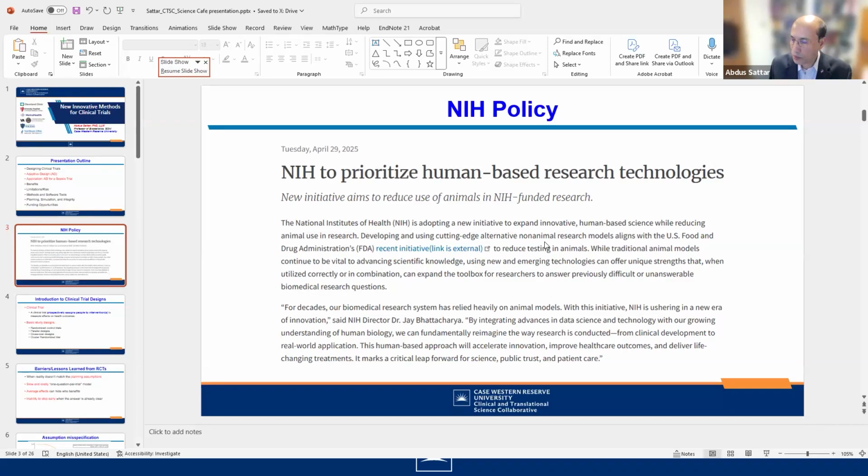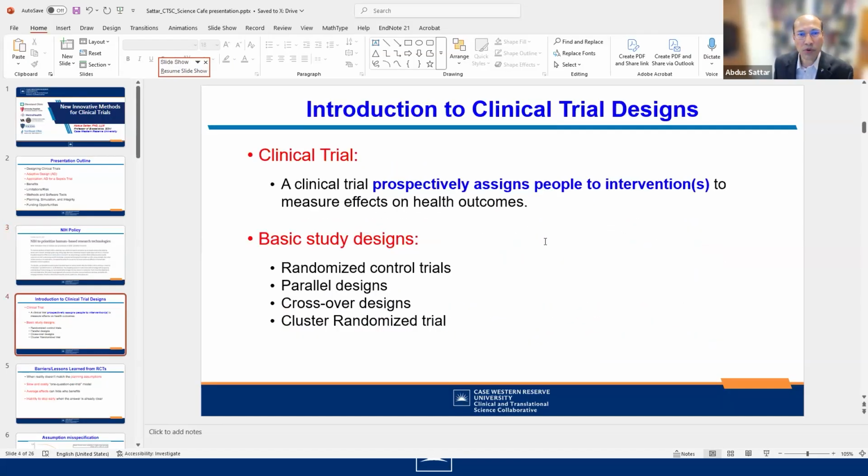So again, it is a great time to talk about clinical trial design and newer methods for conducting efficient clinical trials.